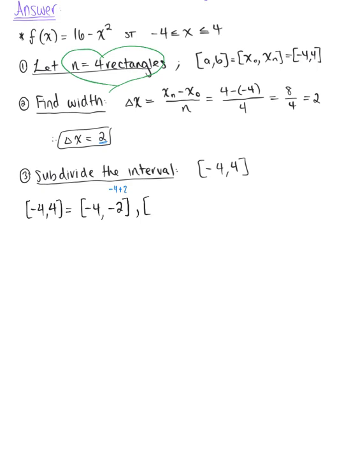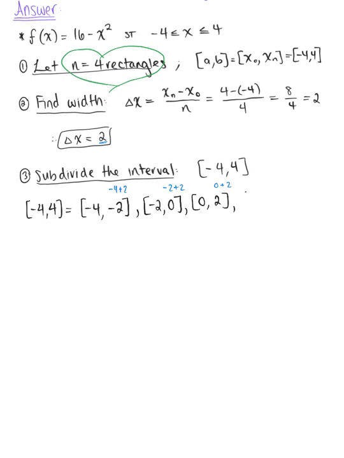The next interval starts at the previous endpoint, so we have negative 2. Negative 2 plus 2 gives us 0. So there's our second subinterval. The third subinterval starts again at that same endpoint, so we have 0, and 0 plus 2 is 2. There's our third subinterval.